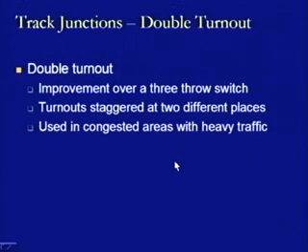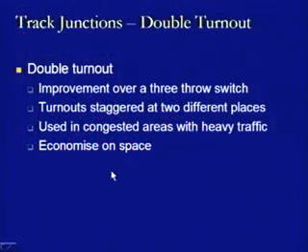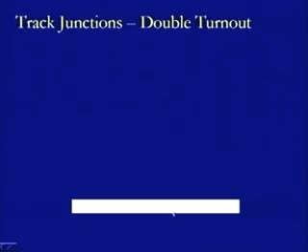It is used in congested areas with heavy traffic, where the possibility of any mishap occurring at a point where the 2 sets of tongue rails are moving side by side is removed, and it economizes on space also. This is another feature which is being observed, and we will look at the diagram of the double turnout.